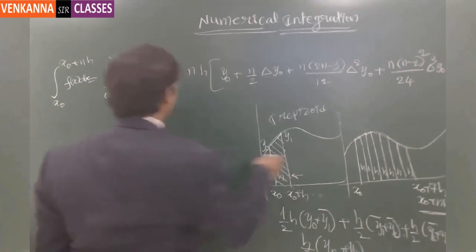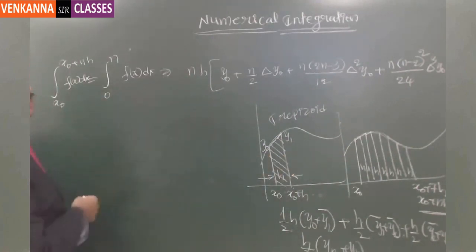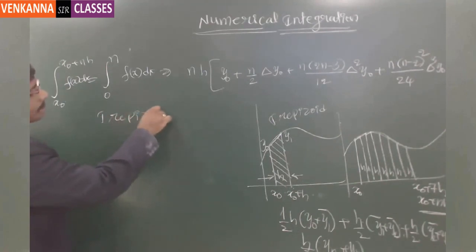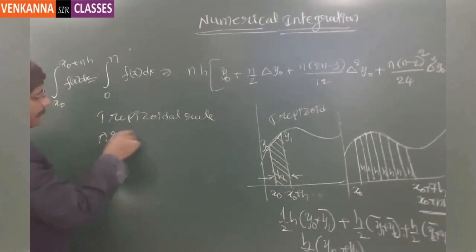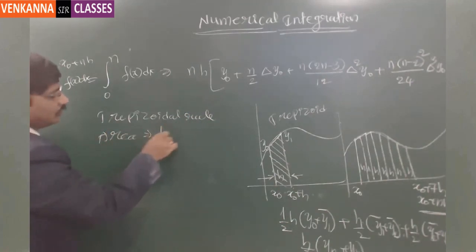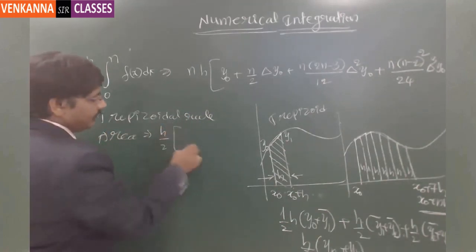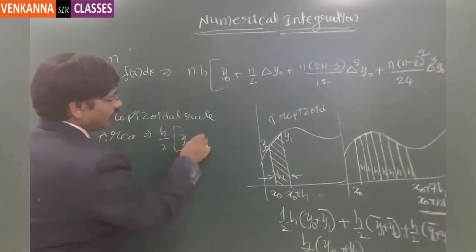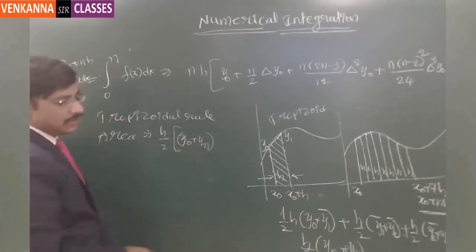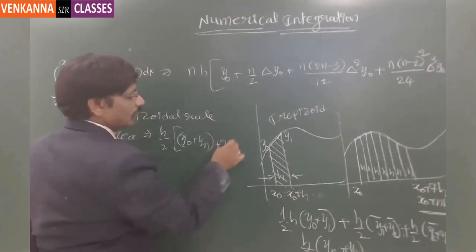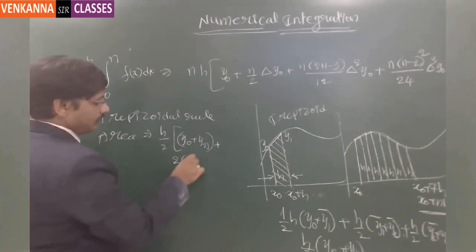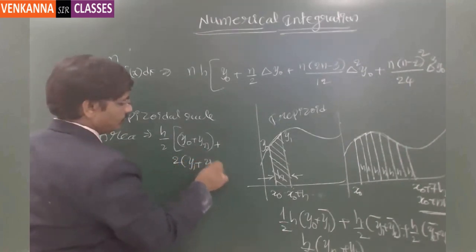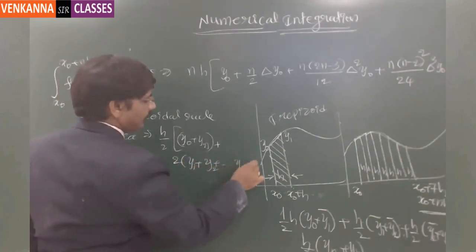That means if you approximate using the trapezoidal rule, the area is h by 2, which is common for the entire thing, times y0 and yn, which come only once, and the rest of the values 2 times, that is 2 times (y1 plus y2 plus and so on up to yn minus 1).